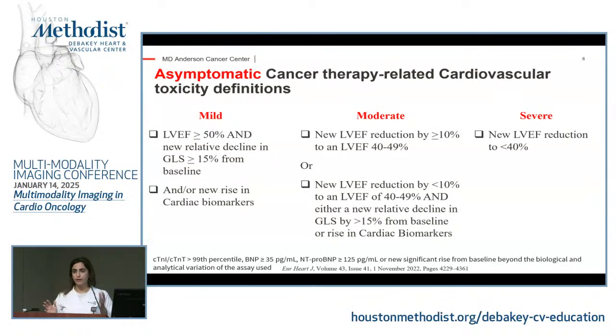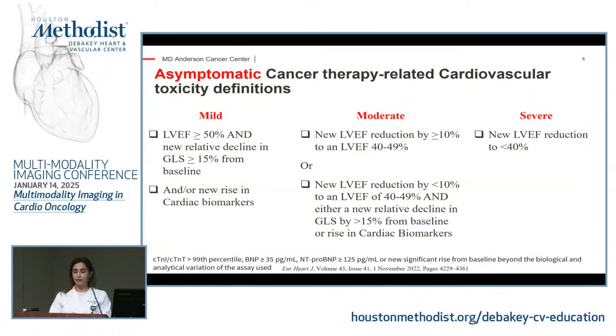And the biomarker ranges are kind of stark, with a troponin at the upper limit of the 99th percentile, BNP above 35, or a pro-BNP above 125. But then they throw in a caveat, like if it's a change from baseline, so go figure.